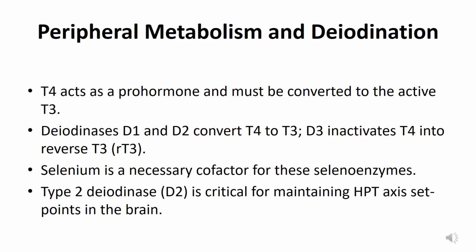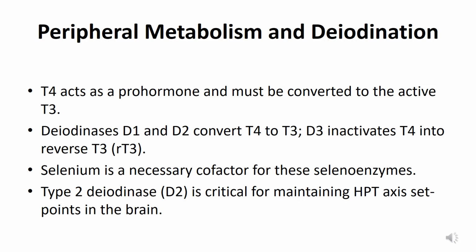There are three major deiodinases: D1, D2, and D3. Type 1 deiodinase, or D1, is found mainly in the liver, kidneys, and thyroid gland. D1 converts T4 into active T3 and contributes significantly to circulating T3 levels in the bloodstream.